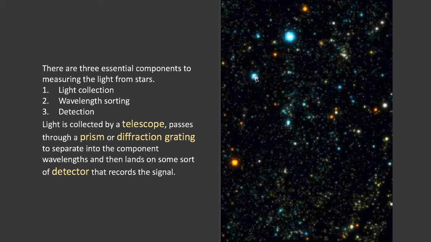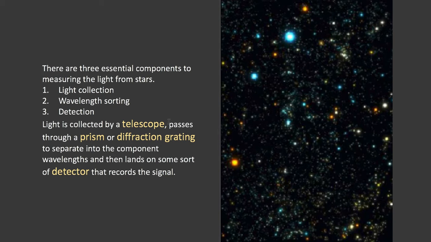Like, what does this color pattern here tell us about that star? So we need to collect the light, and then we need to sort it into its component wavelengths. How much light is it giving at each wavelength in the spectrum? And then we need to have a way to detect the light and record it. So those are the three essential components to what astronomers do to learn about the stars.